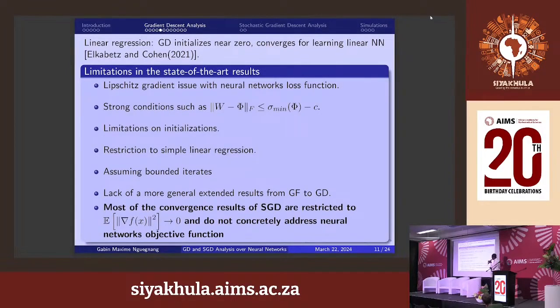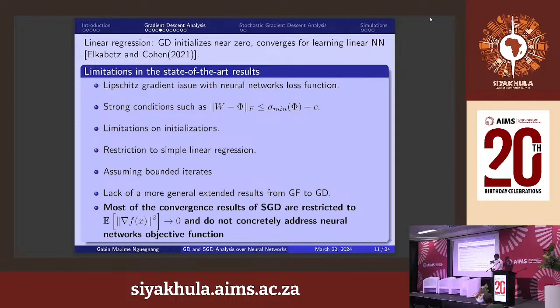So far, the state-of-the-art result has some gap with what happens in practice, in the sense that the conditions used to develop the mathematical principles cannot be observed with practical models, like this Lipschitz gradient condition. There are also some limitations on the initializations, and they always assume boundedness of the iterates, and there is a lack of a more general result from gradient flow to gradient descent.